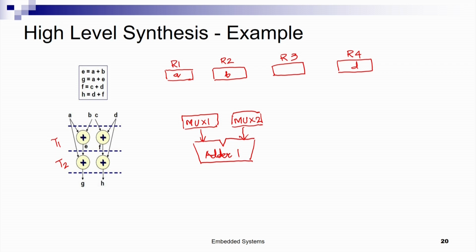And we also said that the registers will be connected to the functional units via muxes. So, R1 will be connected to this one, R2 will be connected, R3 will be connected and R4 will also be connected. Okay. Similarly, for mux 2 also the same thing is going to happen.